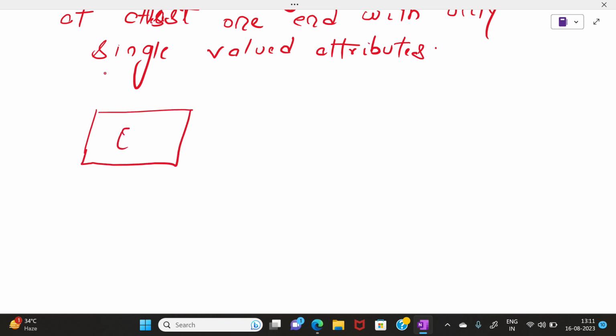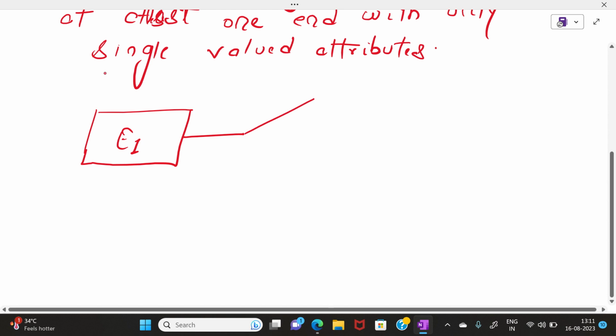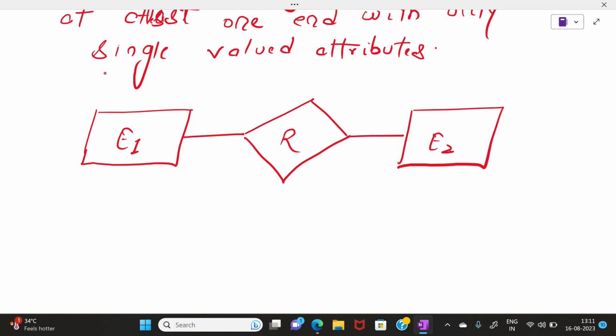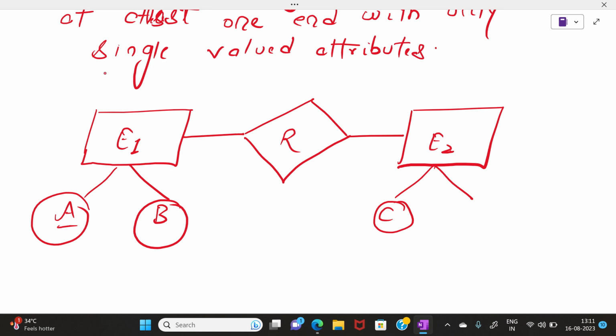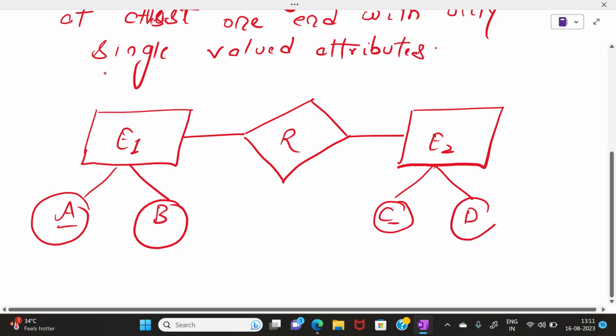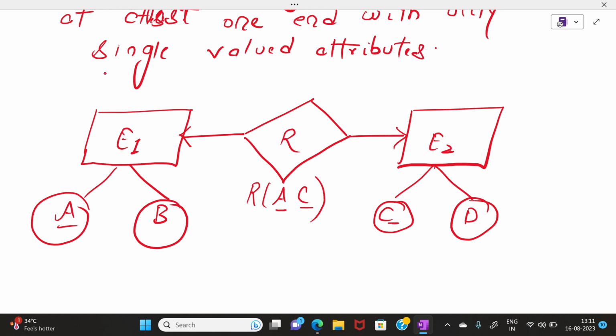This is our E1, and there is a relationship set R. There is another entity set E2. A is the candidate key for E1, and C is the candidate key of E2. For R, definitely we have A and C, and since it is 1:1 mapping with total participation, A and C both are the candidate keys for R.